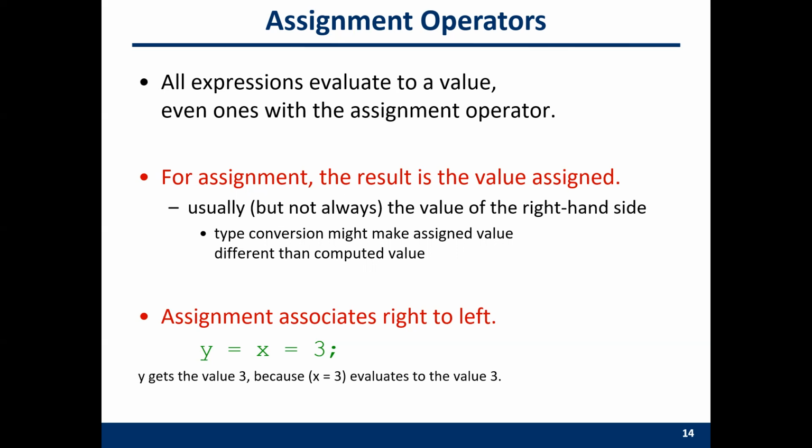And assignment associates right to left. For example, in this statement, we need to assign this first, and then assign this value to y. So x gets 3 first, and then y gets 3 in the second place.